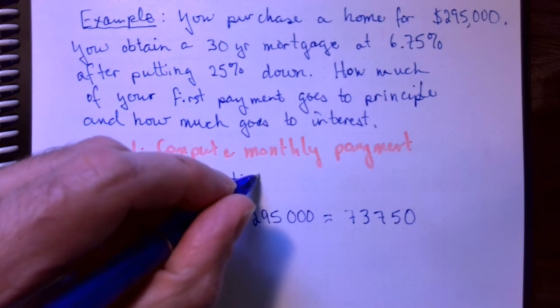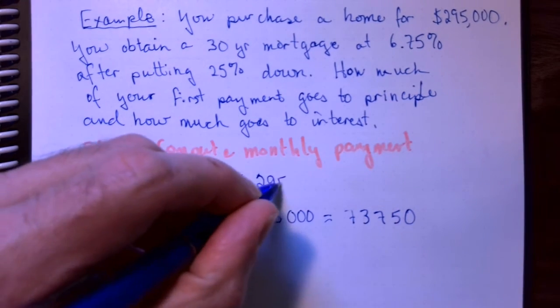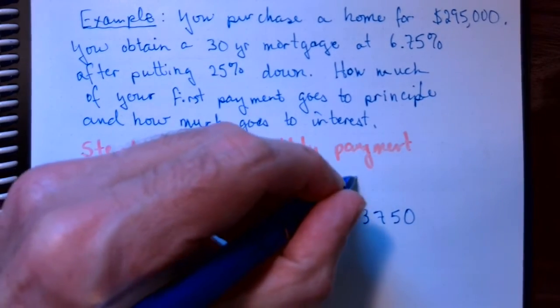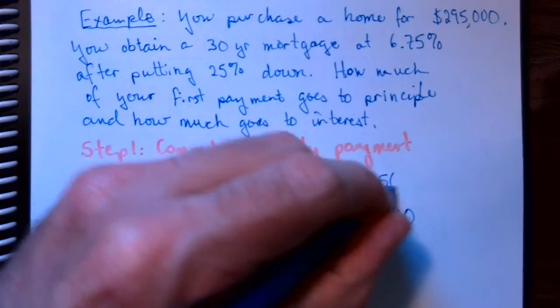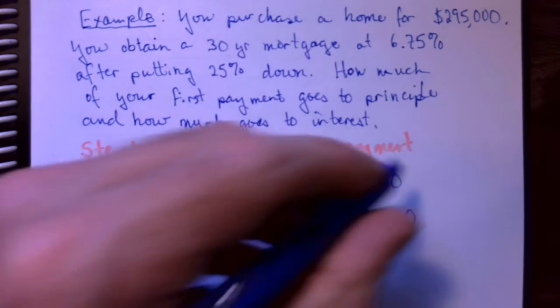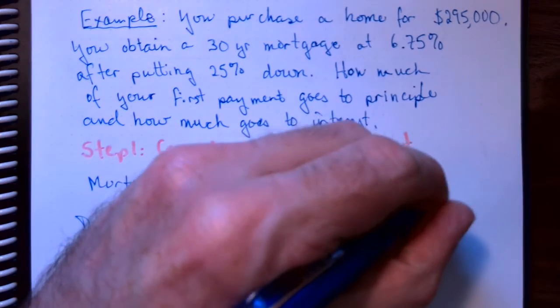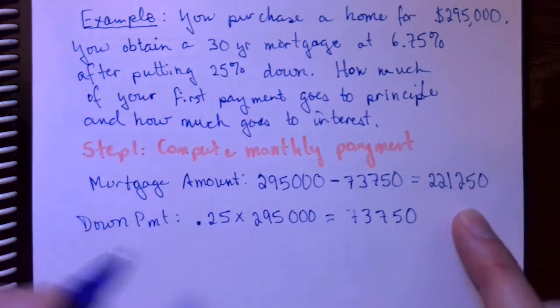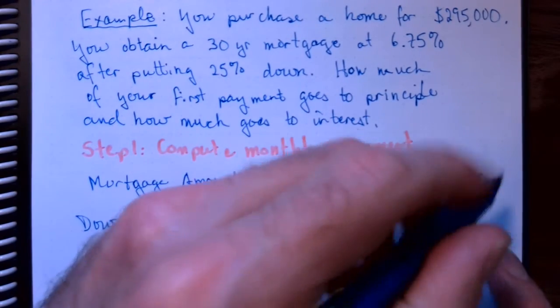Okay, so to figure out the mortgage amount, I take the purchase price of the house minus the down payment. So that gives me $221,250. Okay, this is the amount I actually borrowed.